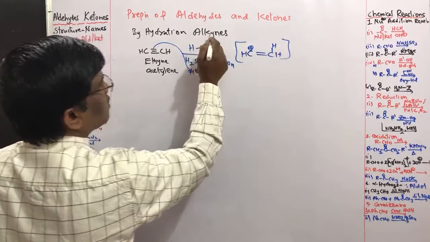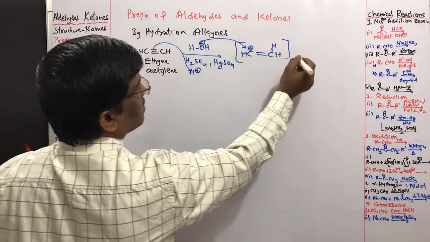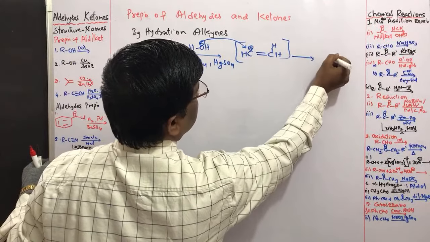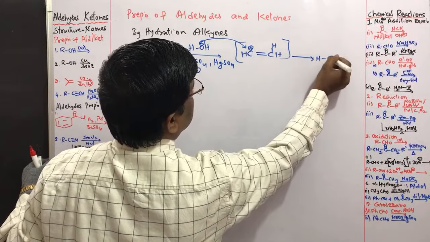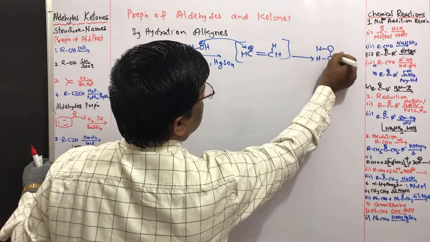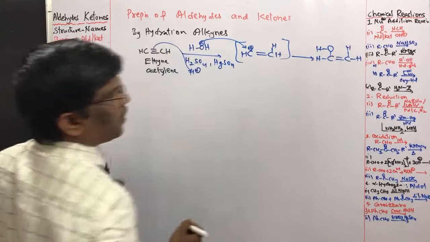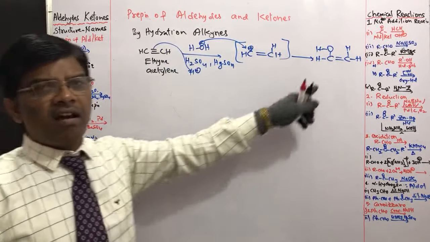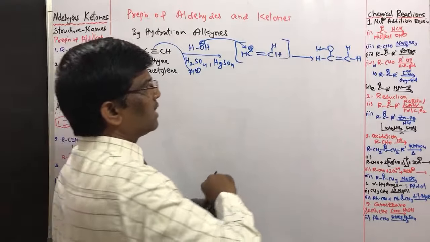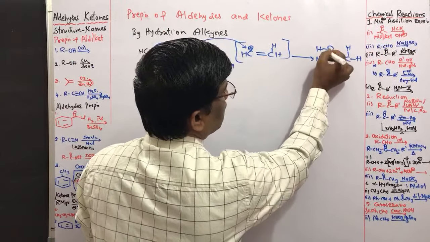Now the OH from water is added to this to give, what is this compound? Vinyl alcohol. Vinyl alcohol is nothing but the tautomer of acetaldehyde. How?